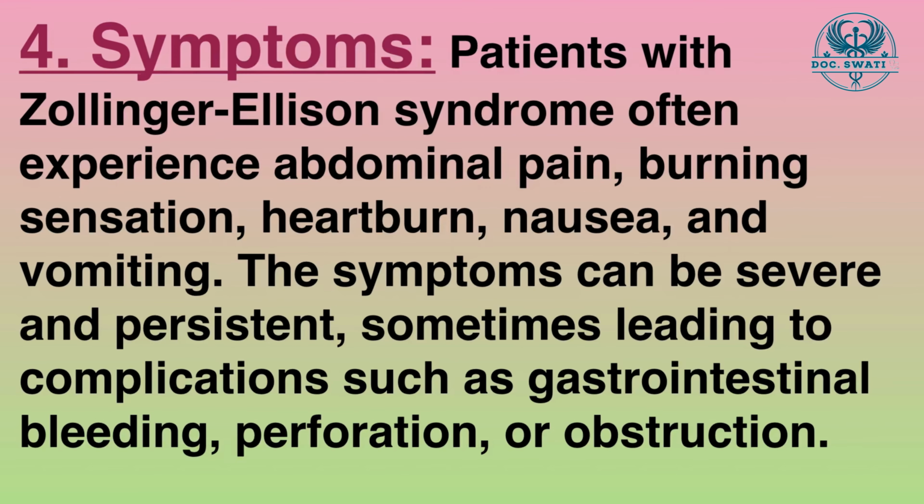Fourth, symptoms. Patients with Zollinger-Ellison syndrome often experience abdominal pain, burning sensation, heartburn, nausea, and vomiting. The symptoms can be severe and persistent, sometimes leading to complications such as gastrointestinal bleeding, perforation, or obstruction.